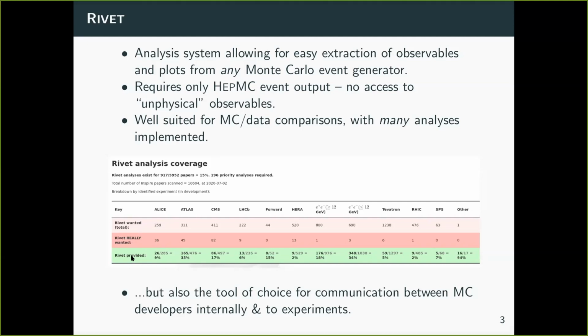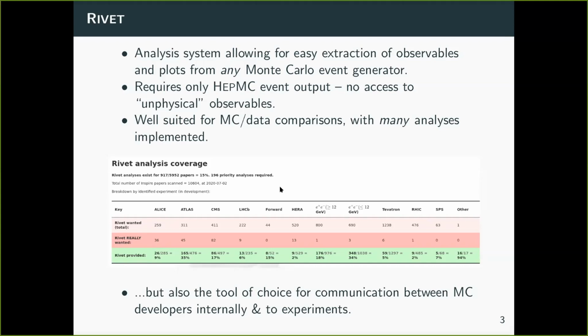What you can take from this is that at the time of writing, which was yesterday, I guess, there were 917 analyses implemented, spanning basically all colliding systems. There are e+ e- analyses dating back from the LEP days and before.